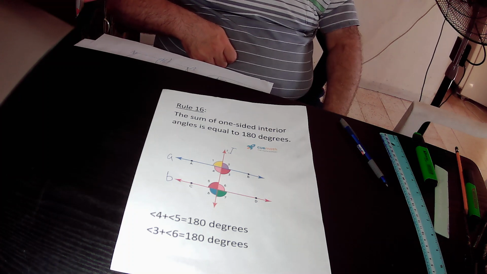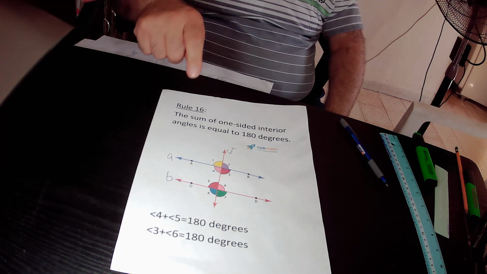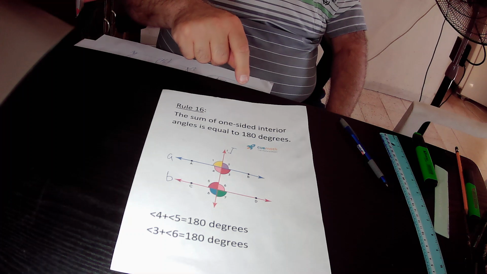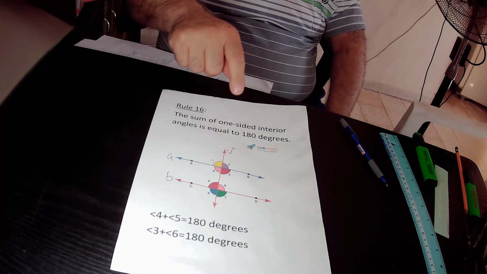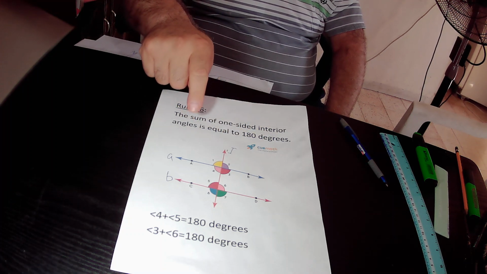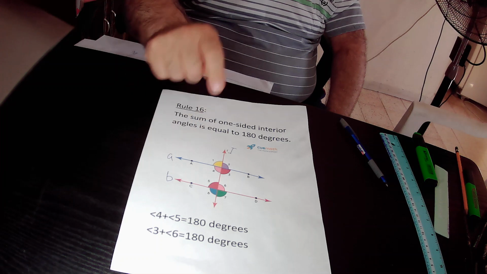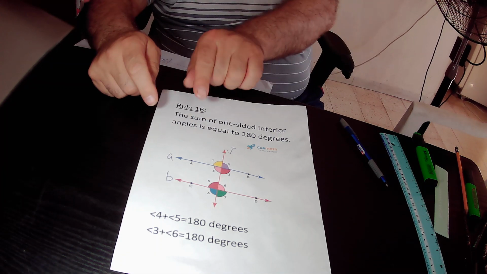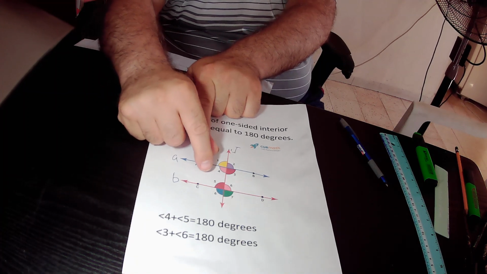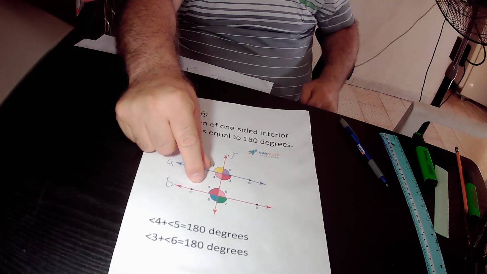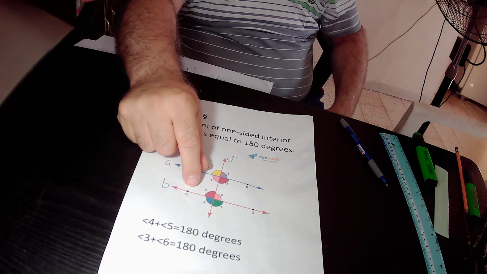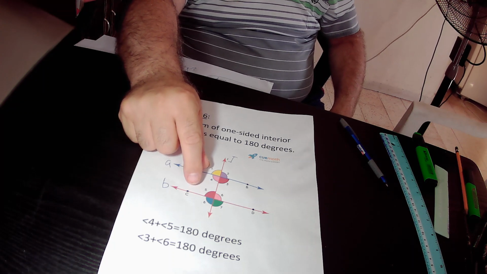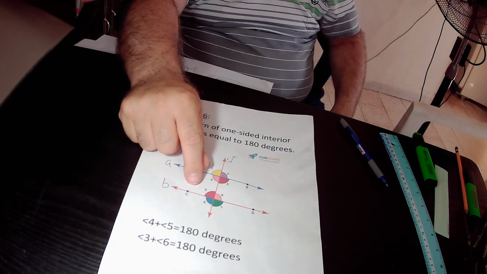So in the drawing, we have two parallel lines. Line A is parallel to line B. This is line I that cuts the two parallel lines A and B. Those two angles, that is to say angle 4 and angle 5, are defined as one-sided interior angles.